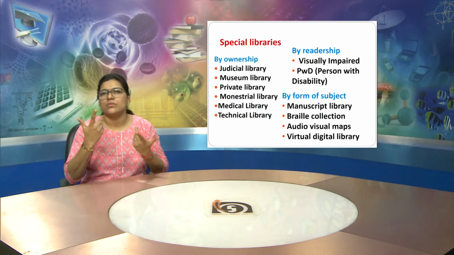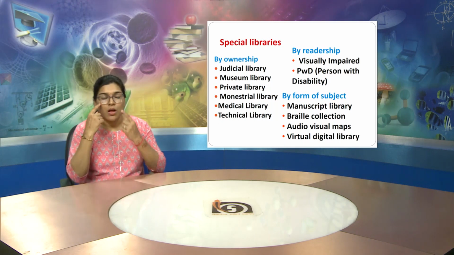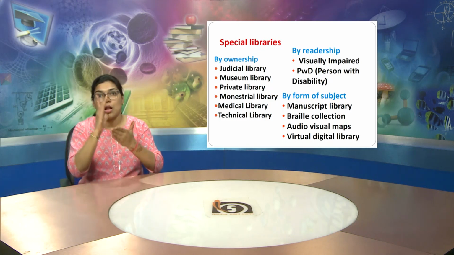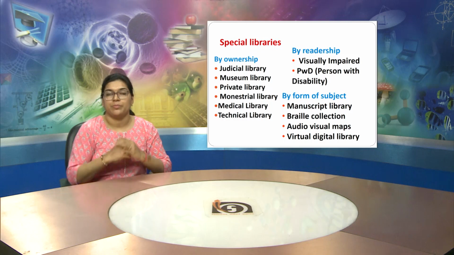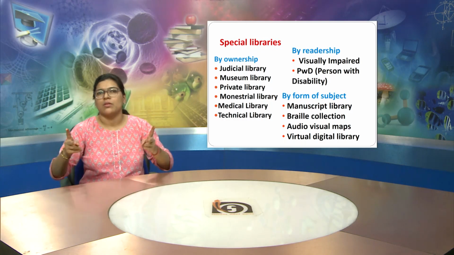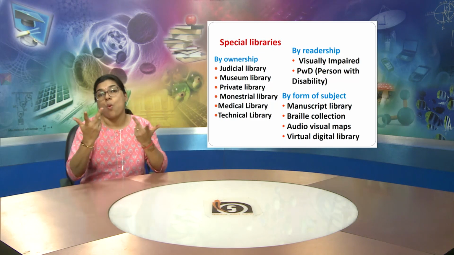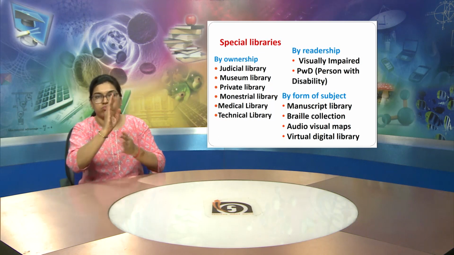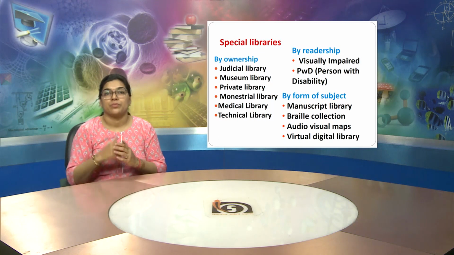And there is another category which is by readership. In this, we can categorize it in two ways. The first is the visually impaired, the second is PWDs, persons with disability. They also have their library, which comes under special library.